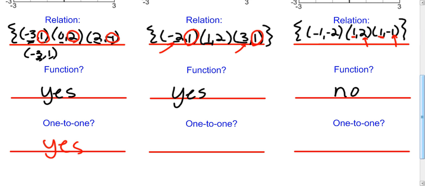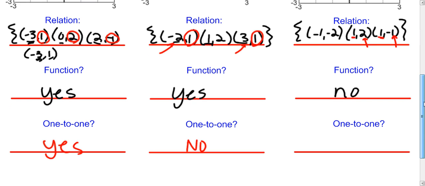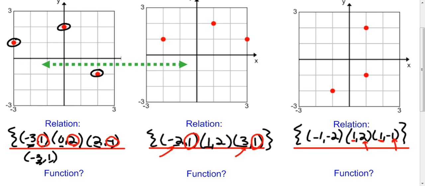But it's not a one-to-one function because I have repeated y values with different x values, and it does not pass the horizontal line test, which I'll show you here. If you draw your horizontal line right here, you can see that that line crosses more than one point at a time, which makes it not one-to-one.